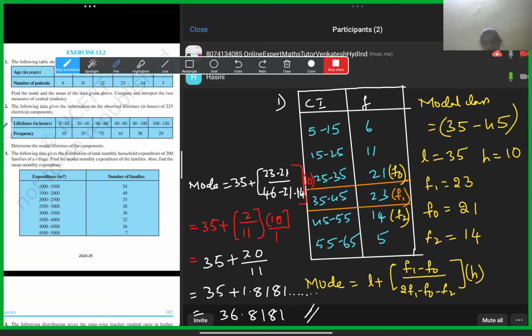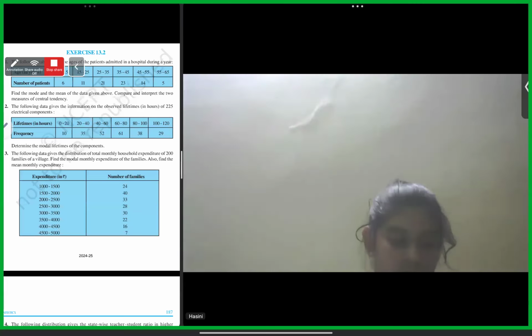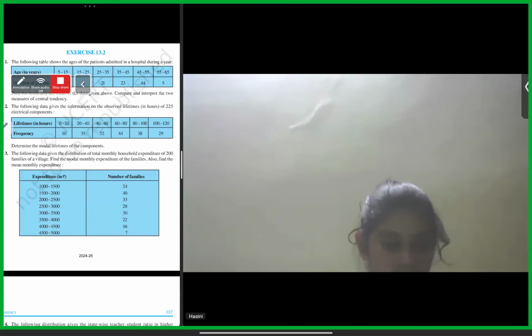Should I search and do it once? Yes, Hasni. This answer we'll check, the mode. Later you can also check the mean which you did. I think anyway it will be correct. Okay, sir. Mode is 36.8181, Hasni.